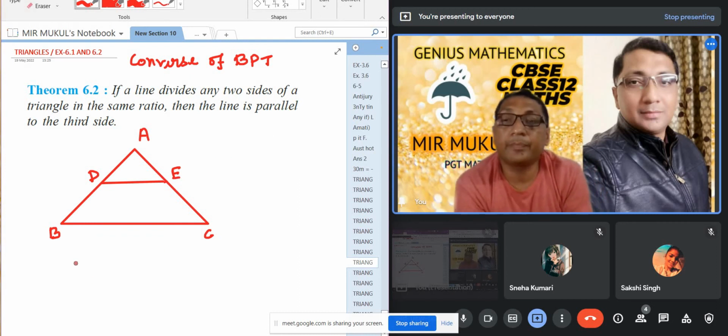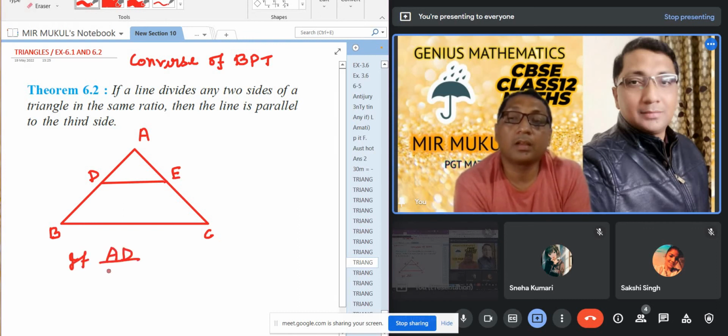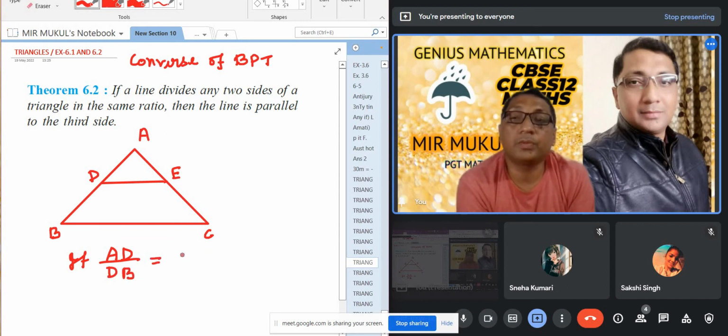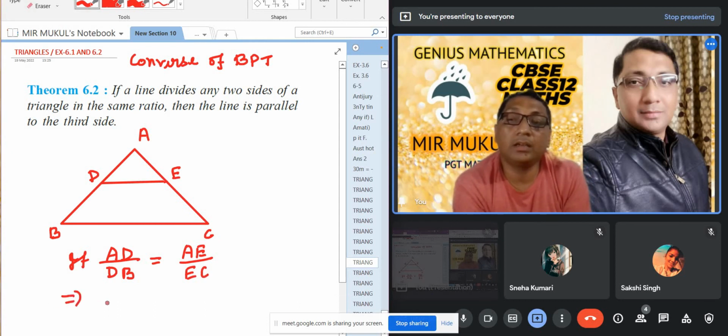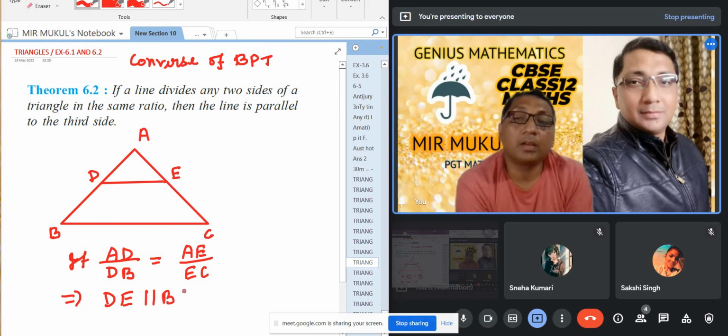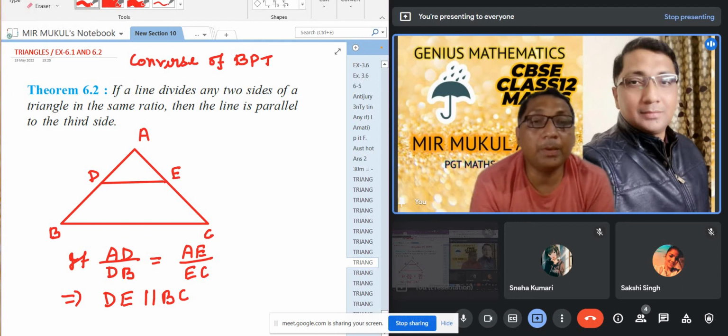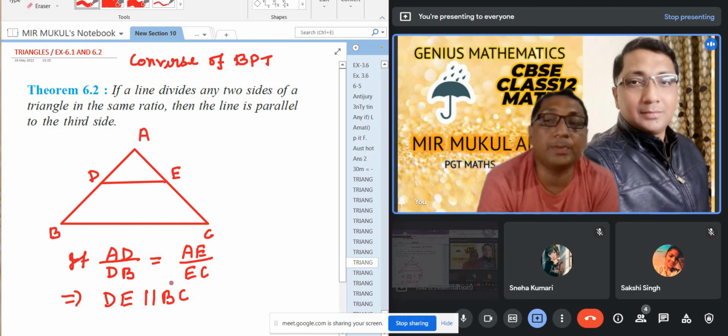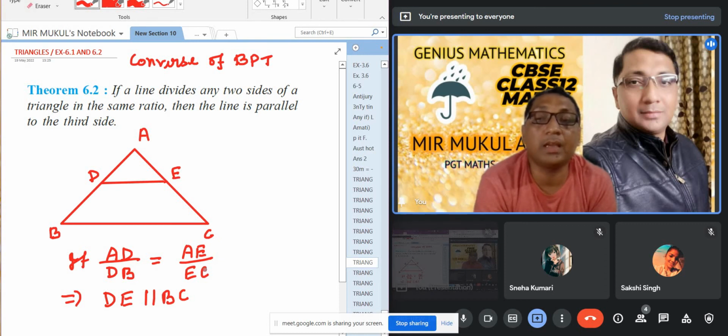So it is given if AD by DB equals AE by EC, then we can say that DE is parallel to BC. But in BPT it was, if DE is parallel to BC, then AD by DB equals AE by EC. Here it's just the opposite. If the ratios are equal, then we can say that DE is parallel to BC.